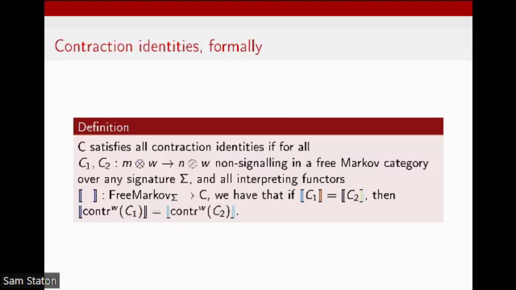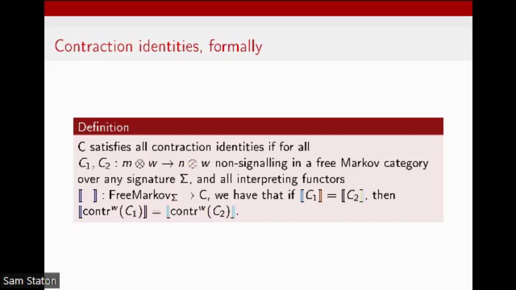So formally, if I give an interpretation to boxes in the signature sigma, then I get a functor from this free Markov category to C. And then I say that if I take any two non-signaling morphisms in the free Markov category, and I choose an interpretation of boxes, if the interpretation of these morphisms is equal, then the interpretation of the syntactic traces will also be equal.